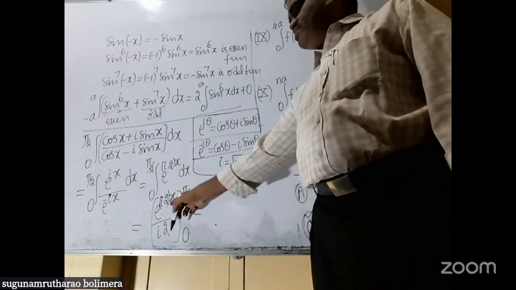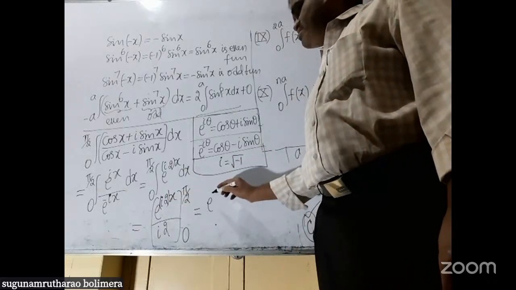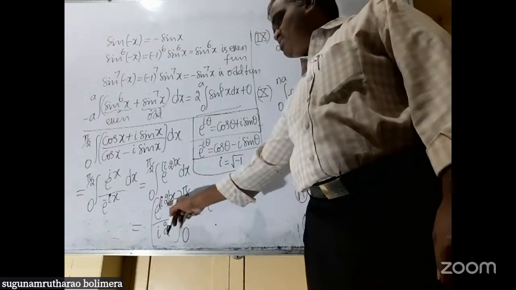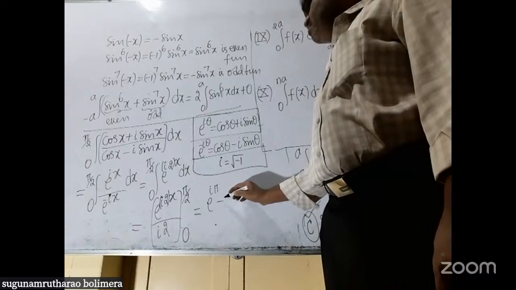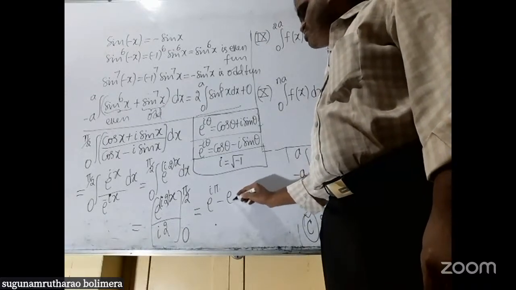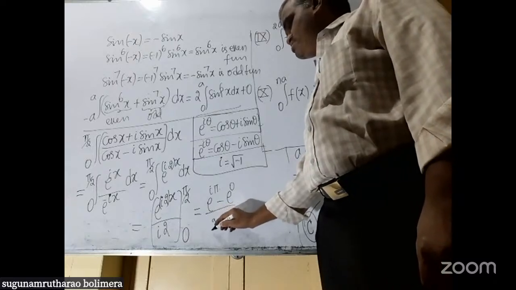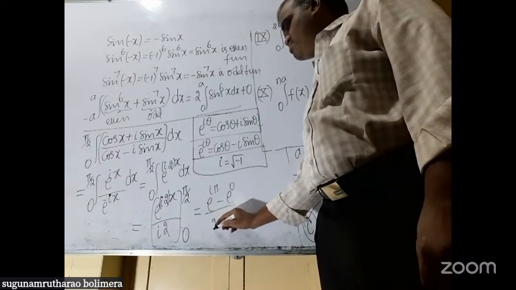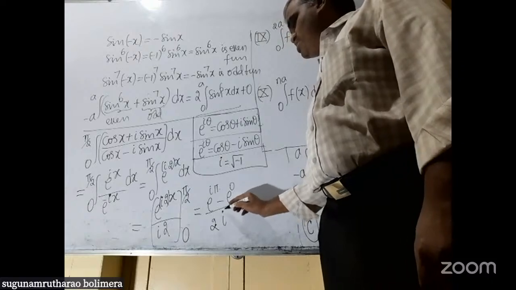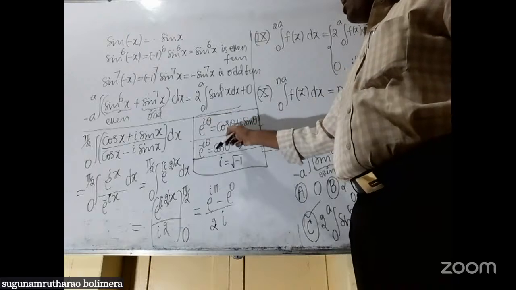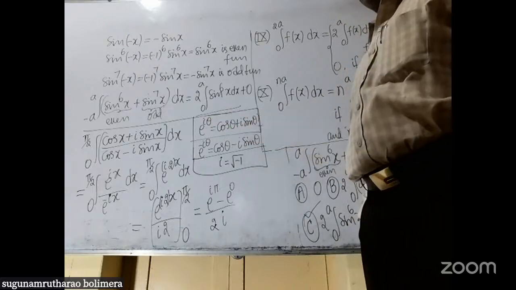If you write pi by 2 here, e power i pi. On writing the lower limit, e power 0, by 2i. e power i pi is cos pi plus i sin pi.